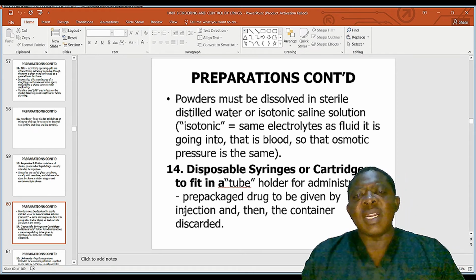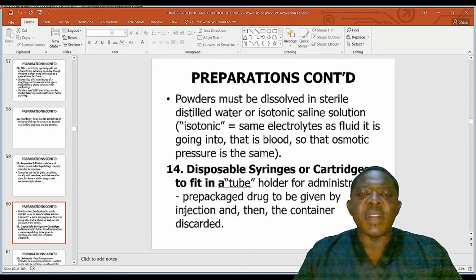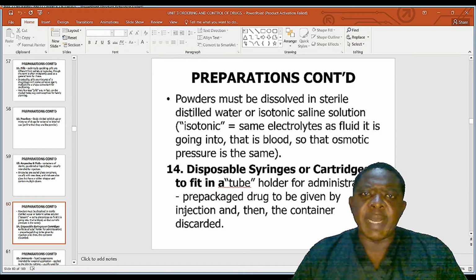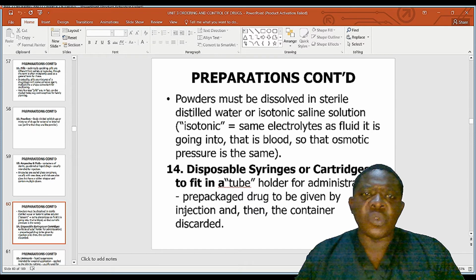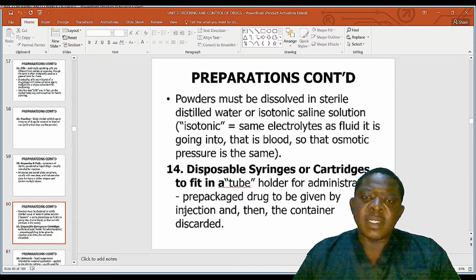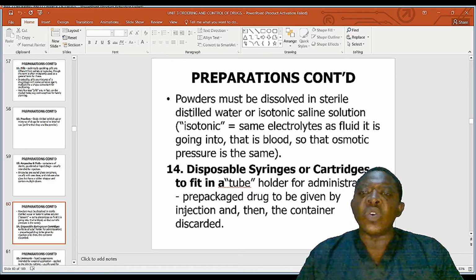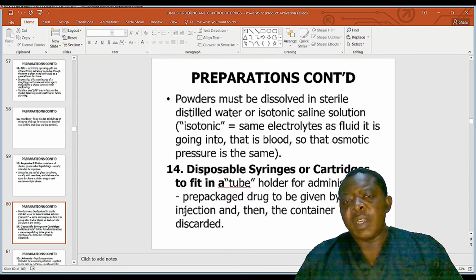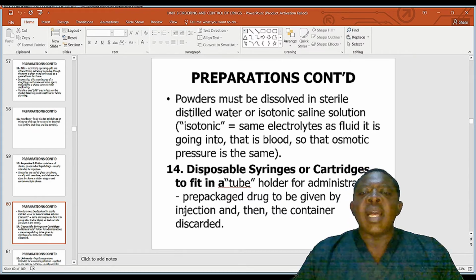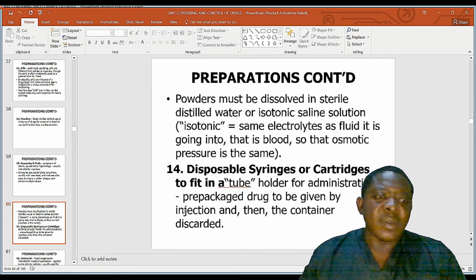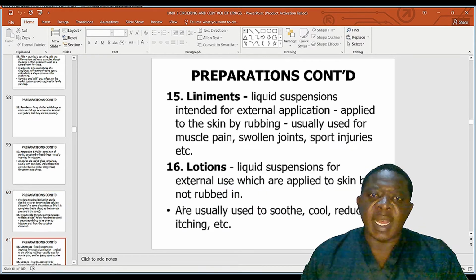When the drug is dissolved, it is going to have an isotonic balance between the blood and the drug. Then, on preparations, we can talk about disposable syringes or cartridges that fit in a tube holder for administration. These are pre-packed drugs to be given by injection, and then the container is discarded.